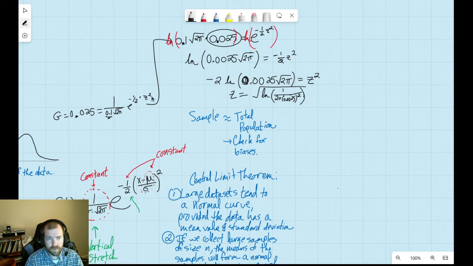Negative 1/2 times that in the exponent of e, times 1 over sigma times the square root of 2 pi.